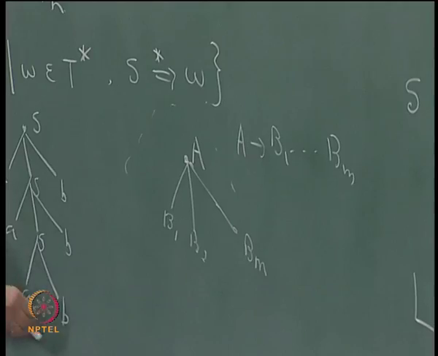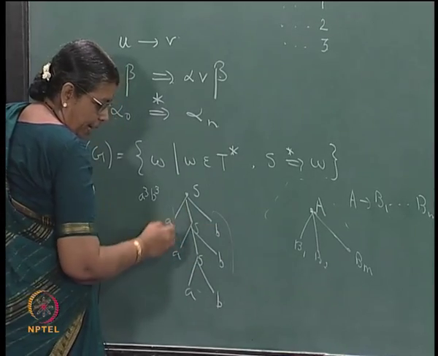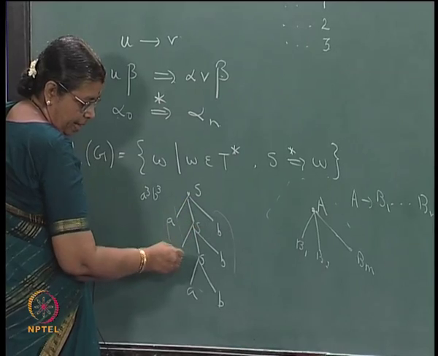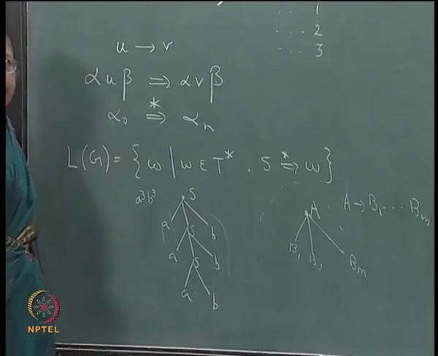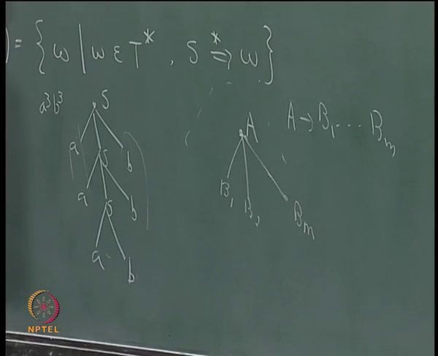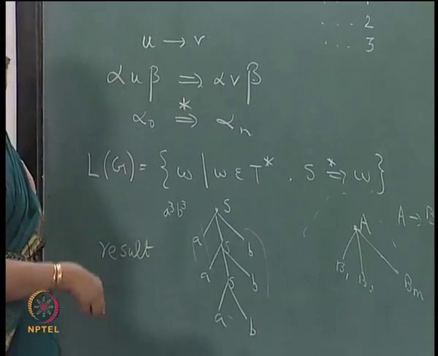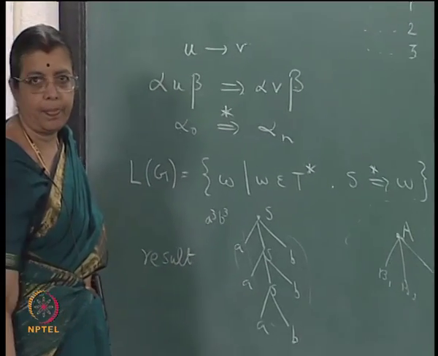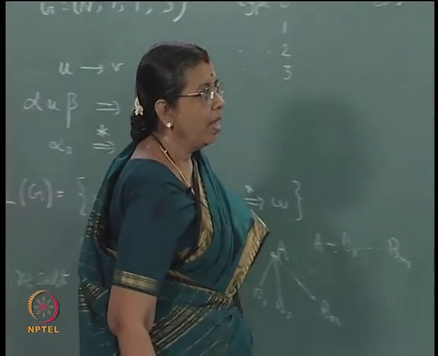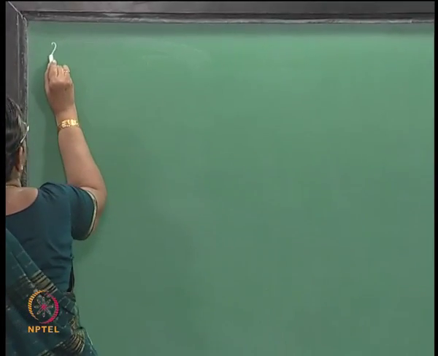The leaves will have terminal symbols, and if you read out the labels of the leaves from left to right, that is the string generated. That is called the result of the tree, or the terminal string generated by the tree. So, this is one example. Let us consider some more examples. Consider another example.